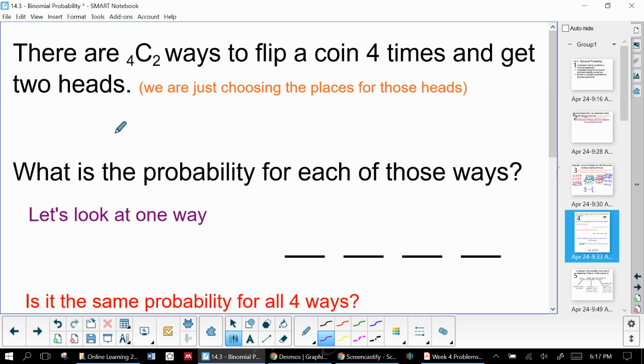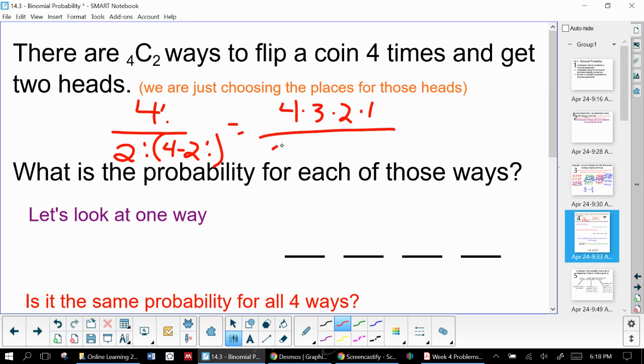So the first thing we have to realize is that there are 4 choose 2 ways to flip a coin 4 times and get 2 heads. Now, if you remember 4 choose 2, that was 4 factorial over 2 factorial times 4 minus 2 factorial, which would be 4 times 3 times 2 times 1 over 2 times 1 and 2 times 1.